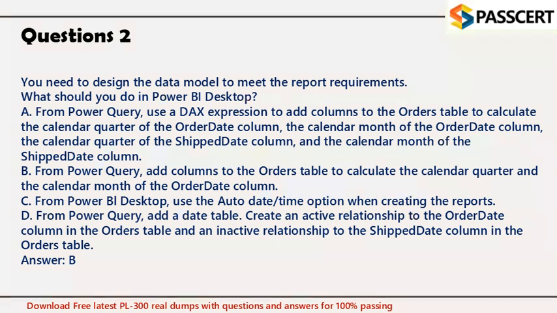B. From Power Query, add columns to the orders table to calculate the calendar quarter and the calendar month of the order date column. C. From Power BI Desktop, use the Auto Date Time option when creating the reports. D. From Power Query, add a date table. Create an active relationship to the order date column in the orders table and an inactive relationship to the shipped date column in the orders table. Answer: B.